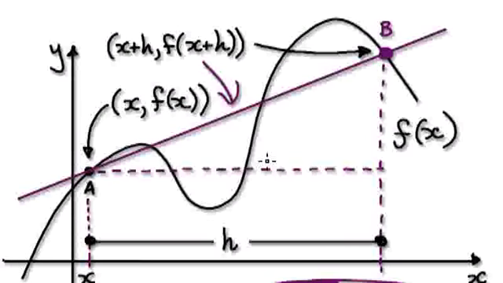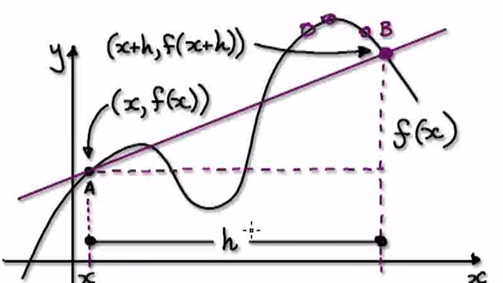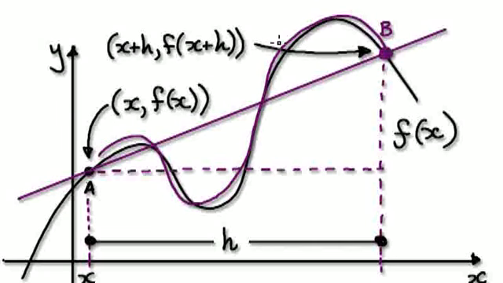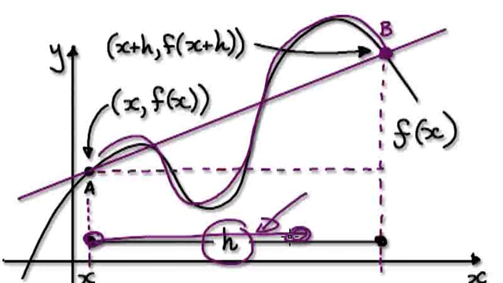The way we move B closer and closer towards A is for us to decrease h, making h shorter and shorter each time. So our aim is to move B closer and closer towards A, and the way we do that is to make the horizontal distance here shorter and shorter.